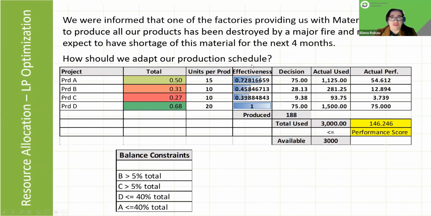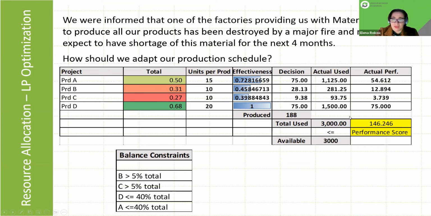I defined that effectiveness is the idealized value of the priority. And for each unit that I'm producing, I'm going to bring in that corresponding amount of material. What I'm trying to do is to optimize my performance score, which is units that I'm producing times the effectiveness for each of the products.